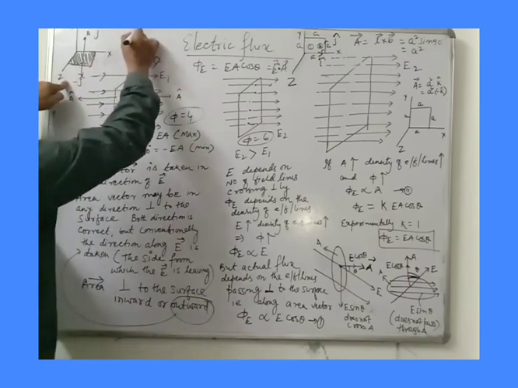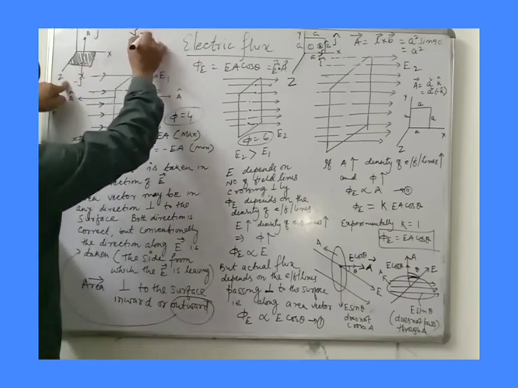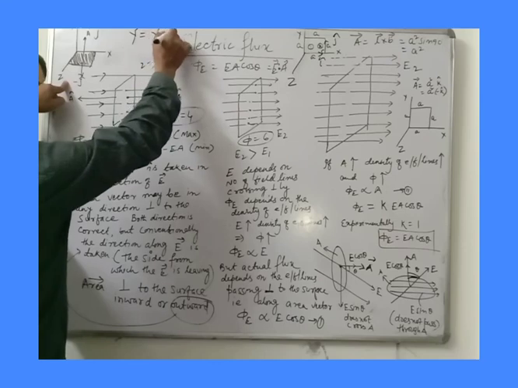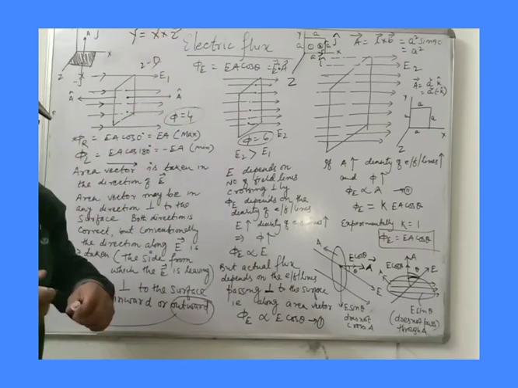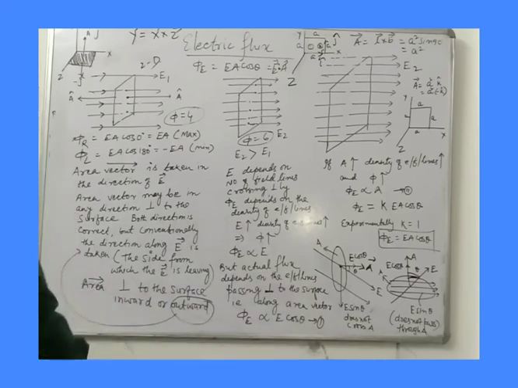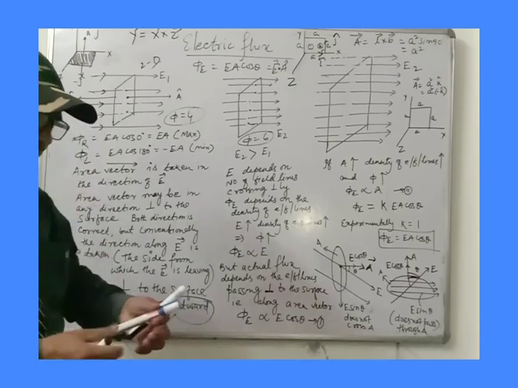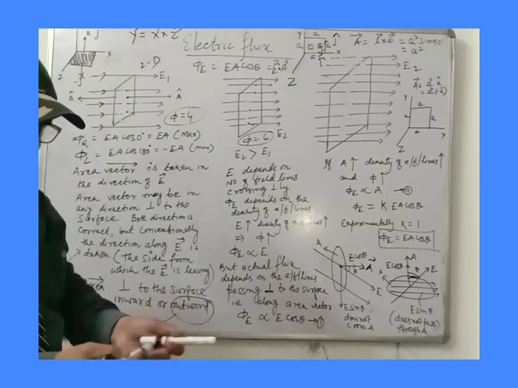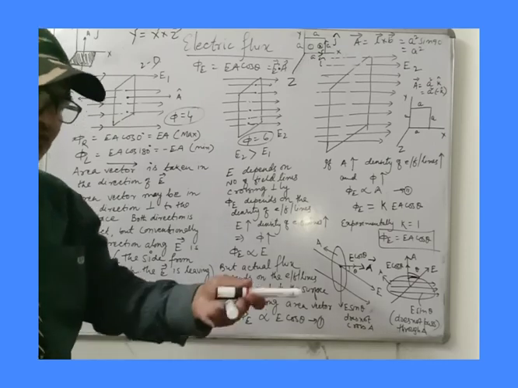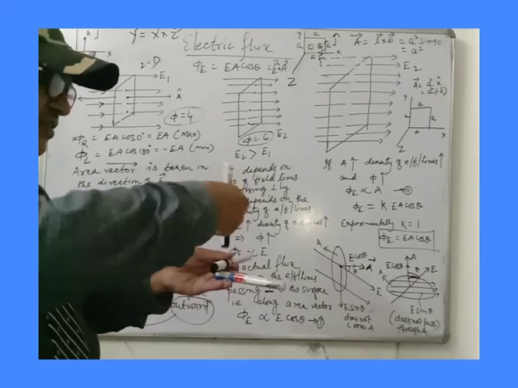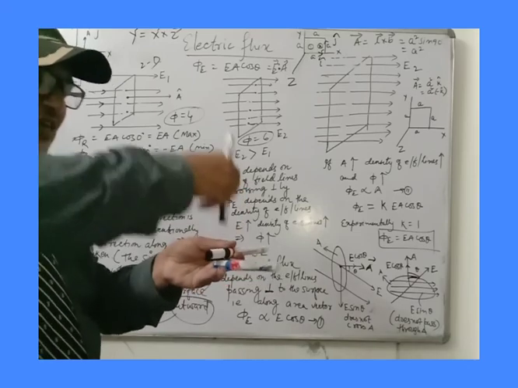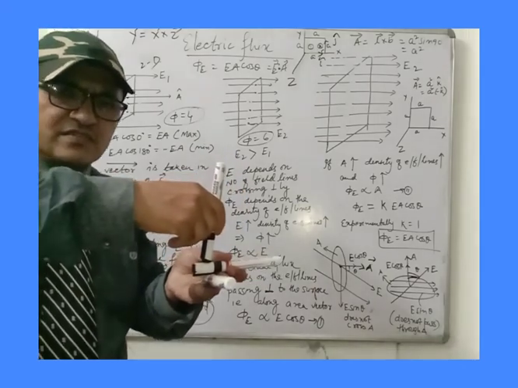What we write actually? Y vector equals x vector cross z vector. I will show you. You have done this earlier also. Suppose this is the x-axis, this is the y-axis, this is the z-axis.